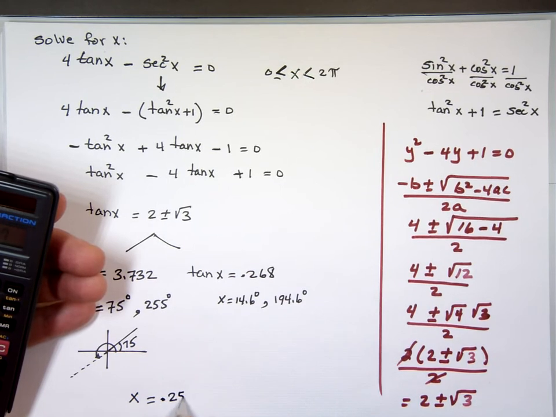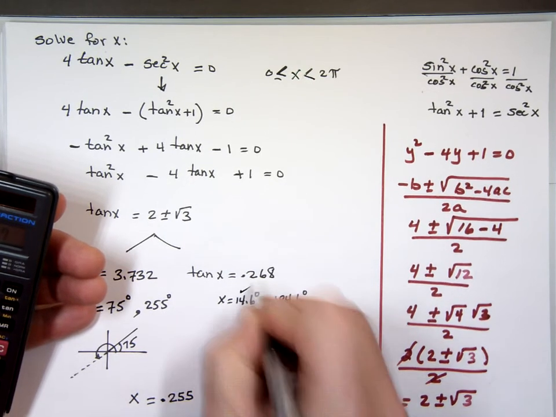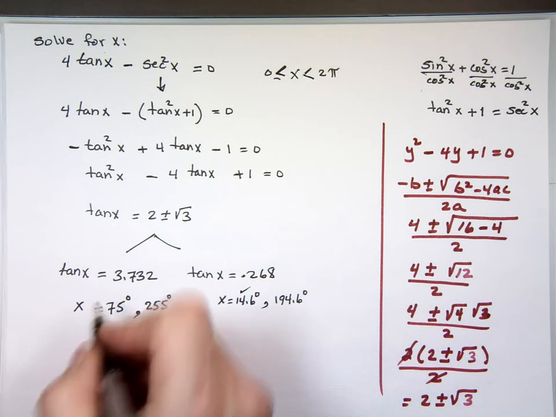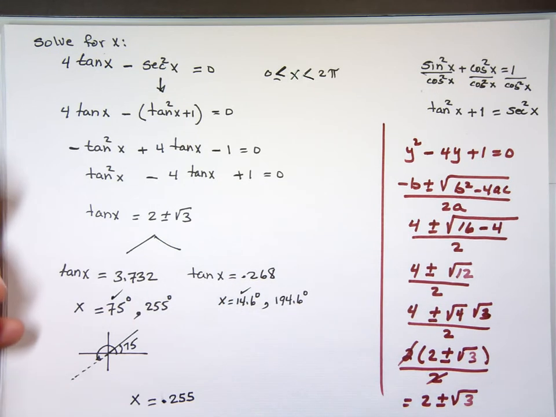I'd like to put them in order from small to large. Let's take the 75. 75 times pi divided by 180. 1.309.